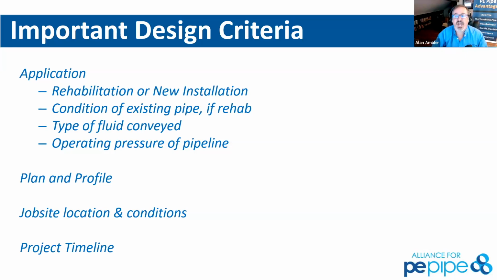Is that going to drive that DR rating as we're looking at what kind of tension that pipe is under during a horizontal directional drill? Plan and profile, job site locations and conditions, and project timeline. We wish project timeline wouldn't drive the selection of installation material or installation method, but sometimes it really does. And these are all the general complexities that you have to evaluate when you are designing your project.